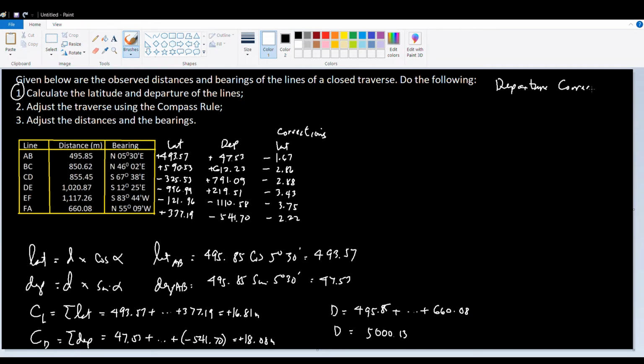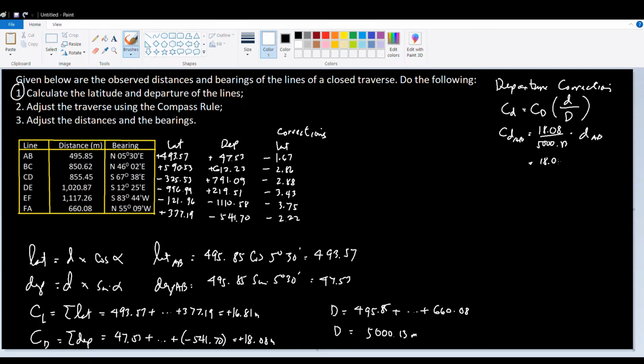Departure corrections. The correction for the departure is equal to the total departure correction over the total perimeter, multiplied by the distance of the course. So for line AB, that will be the total 18.08 all over the total distance of 5,000.13 meters, multiplied by the distance of AB.